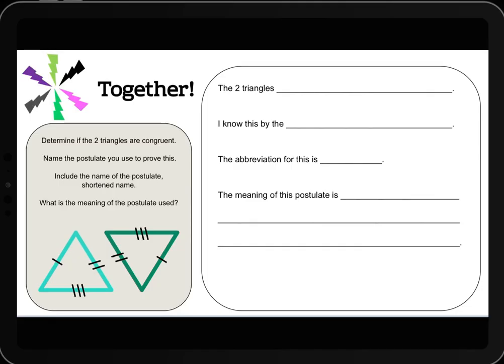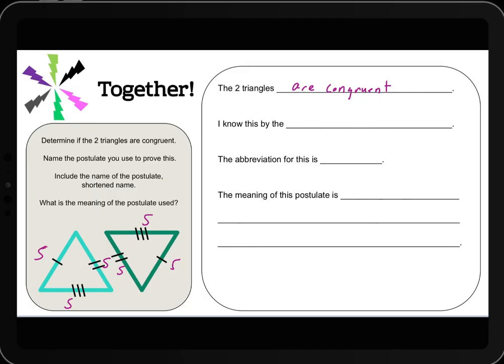So if we look at the two triangles, we can clearly see side, side, side, side, side, side. And so that means that the two triangles happen to be congruent to each other, all right? Which is exactly what we want to see. They are congruent to each other. Hopefully they are, because otherwise they would have messed up that NYE ball almost certainly.